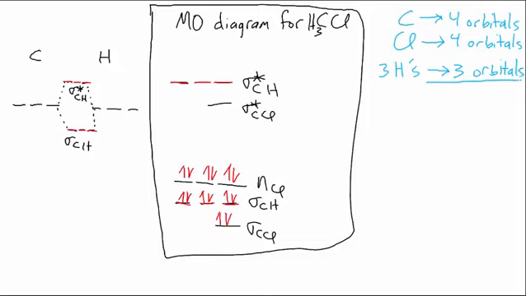So I should have in my diagram 11 orbitals represented. So remember that rule. Whatever number of orbitals you start with has to be the same as the number of orbitals you end with.